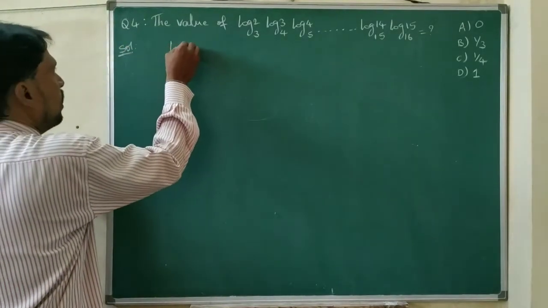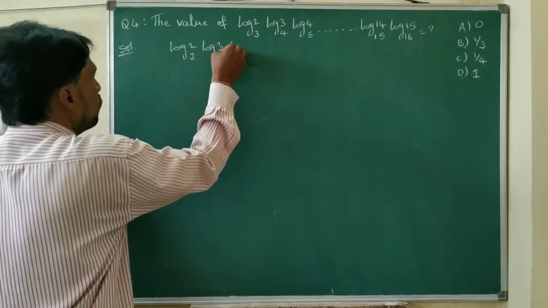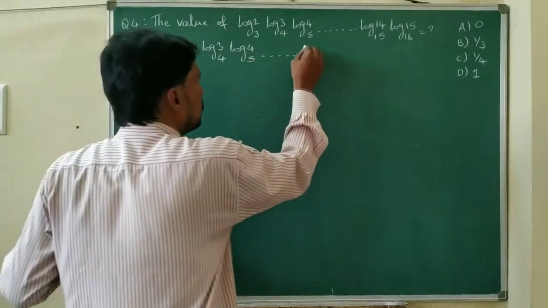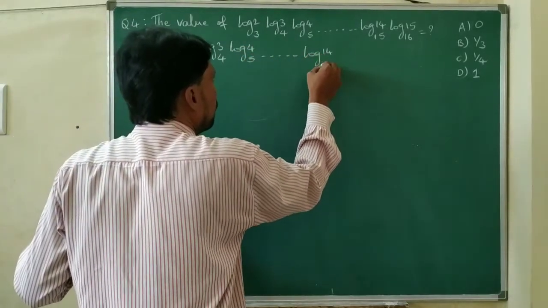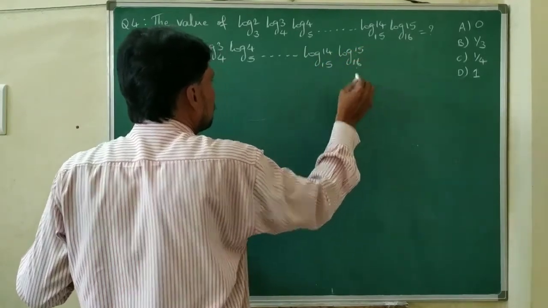Given, log 2 base 3 into log 3 base 4 into log 4 base 5, and so on, log 14 base 15 into log 15 base 16.